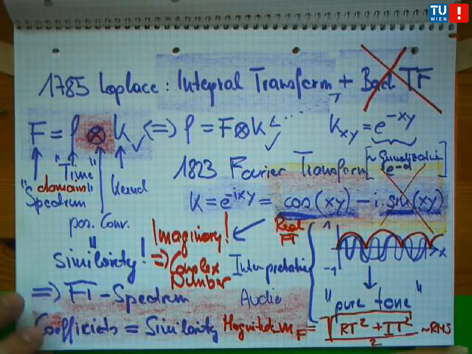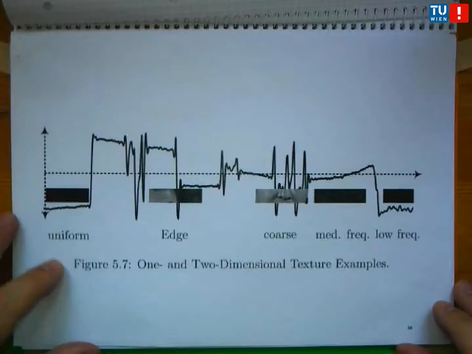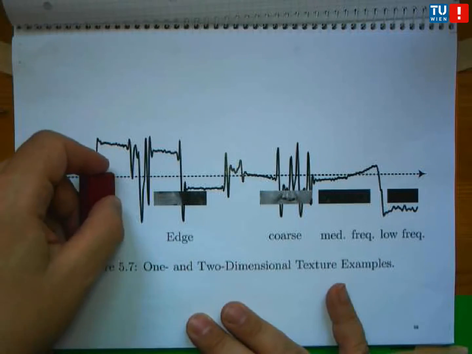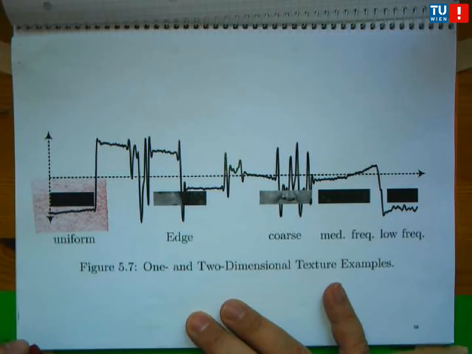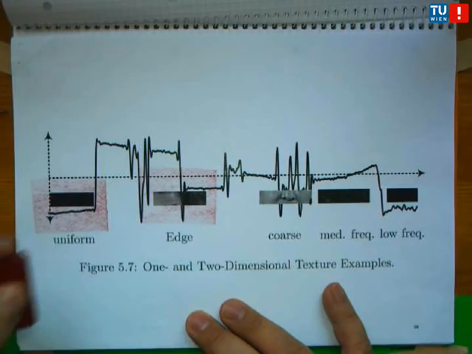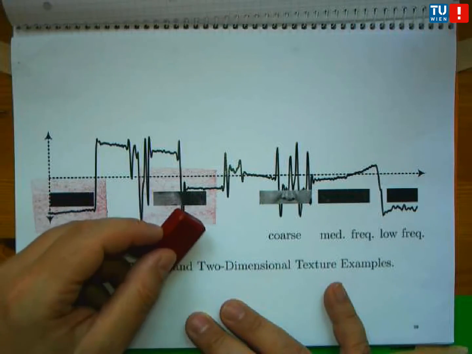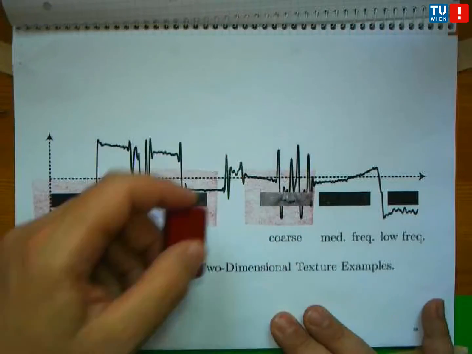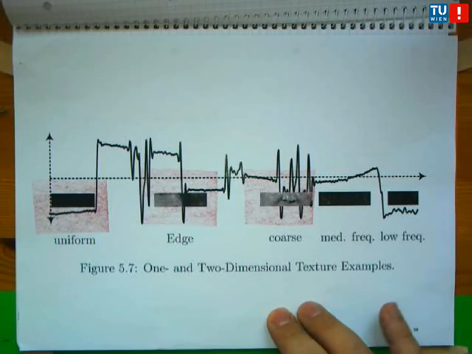Okay, having said that, let's look at a few properties, and for that I printed a couple of functions from the book. The first one is a simple description of what transformation actually means. Transformation might mean that I have a uniform block in the visual area, that I have a horizontal transition from bright to dark expressed by that curve, that I have something changing back and forth with high frequency information like this.